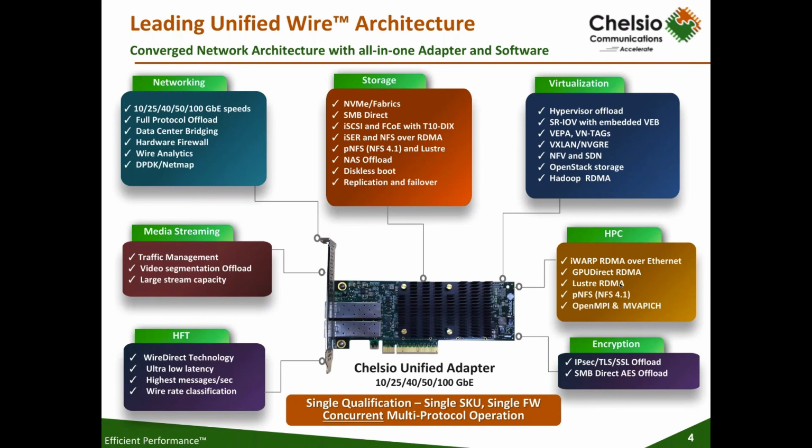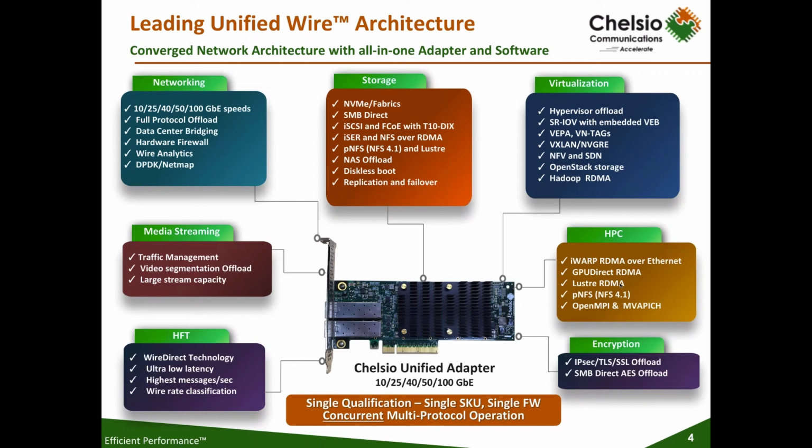We center our product around what we call a unified wire architecture. This is because with the same software, hardware, and firmware, we can support all these features and protocols on our card simultaneously. Our adapters are used in many places where high-performance networking is required, such as storage, high-frequency trading, high-performance computing, and others.